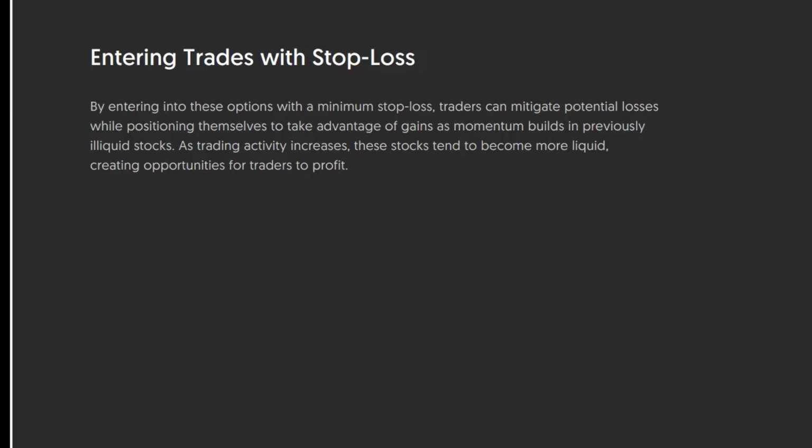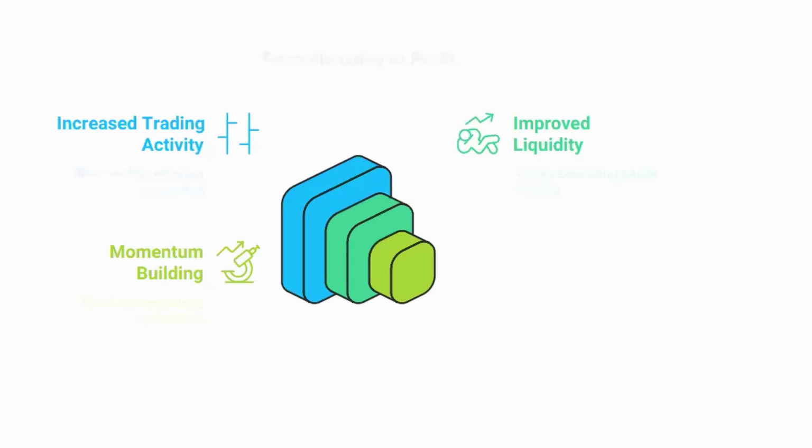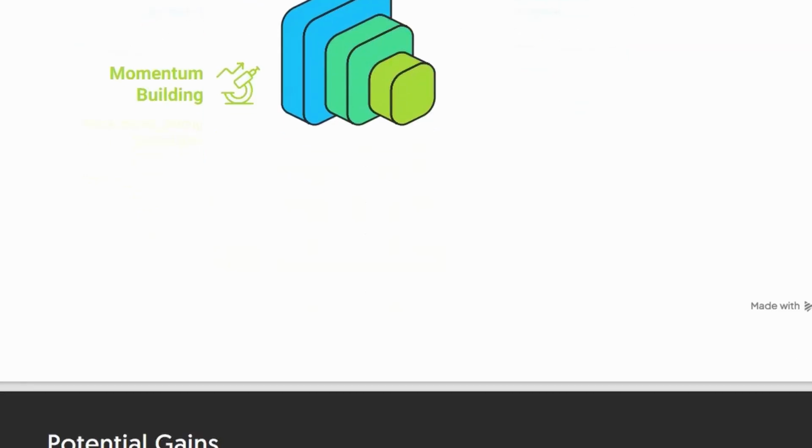Stop loss will be very minimal and manageable. So you will be entering at a very discounted price with confidence, not random. After entering, we get increased trading activity, momentum building, and improved liquidity in these stocks.